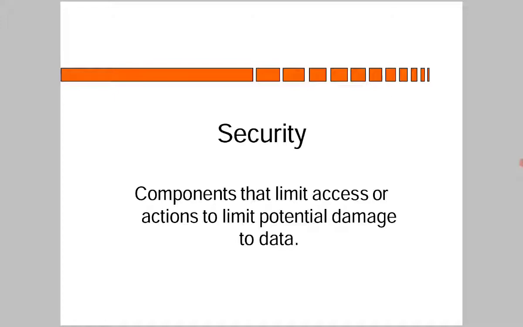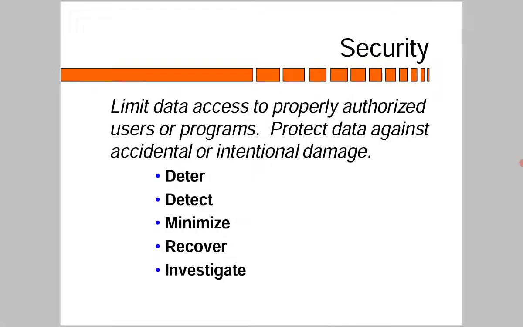By using security, only limited access will be given to users, not full access. The second point is to protect the original or confidential data stored in databases. So how do we secure the data? Limit data access to properly authorized users or programs. Protect the data against accidental or intentional damage: detect, minimize, recover, investigate, all these things.